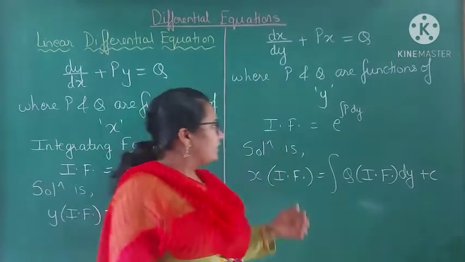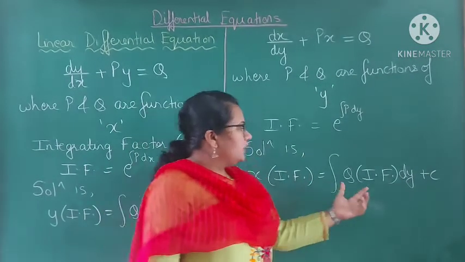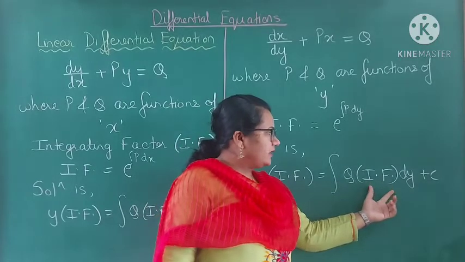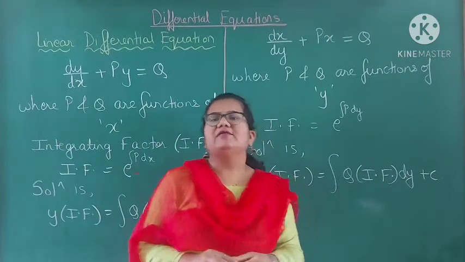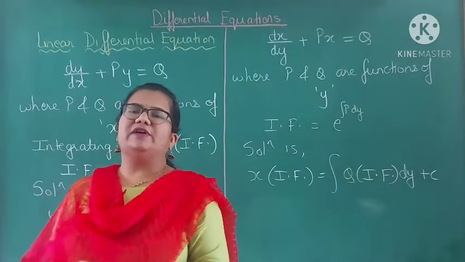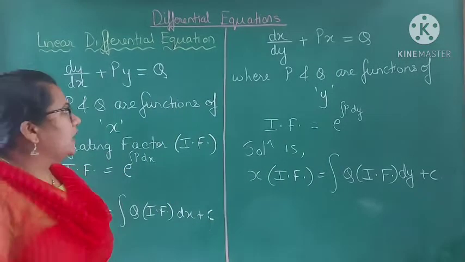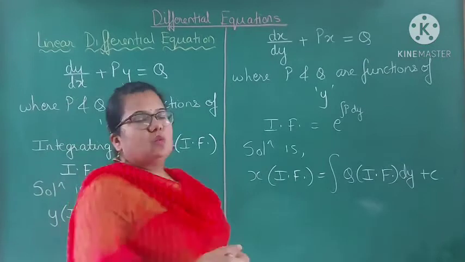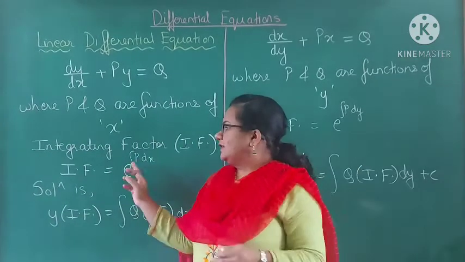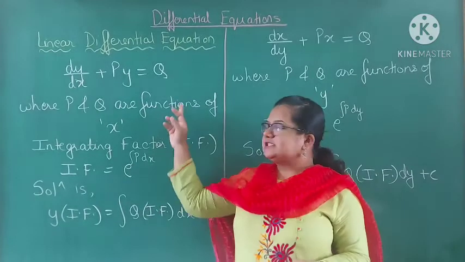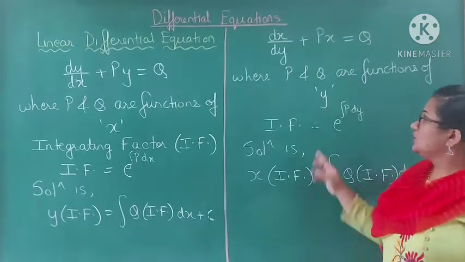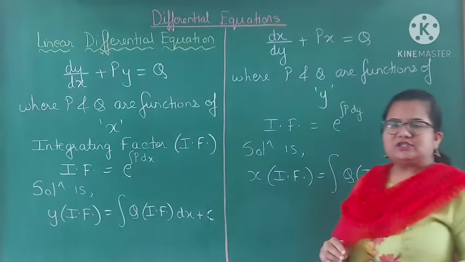After finding the integrating factor, you substitute it, solve this integration, and you will get the final general solution. Understood? So there are two steps. One is finding the integrating factor, and then this is the solution for this type of equation, and this is the solution for the other type of equation.